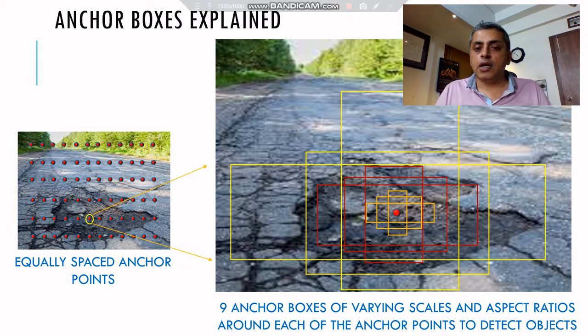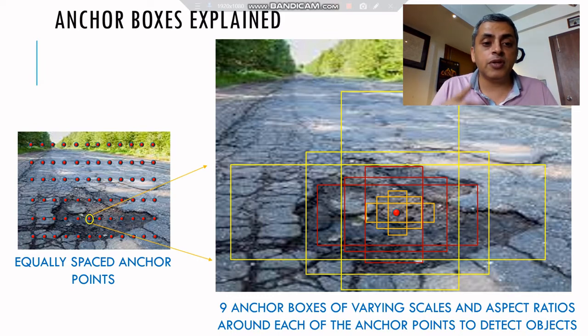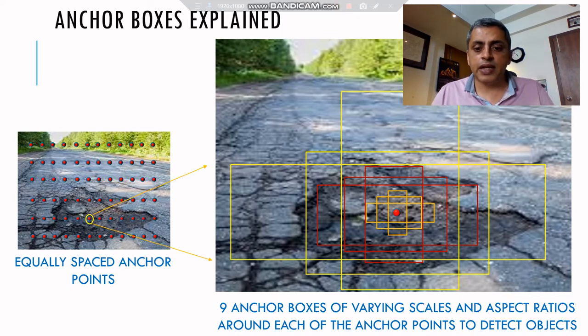One of the major problems with the selective search algorithm, or when you have a fixed-size window, is that there may be multiple objects in the same area. Say in this place there was a pothole, and a vehicle going, or a small vegetation here, or a signboard here. I'm just giving a fictitious example.